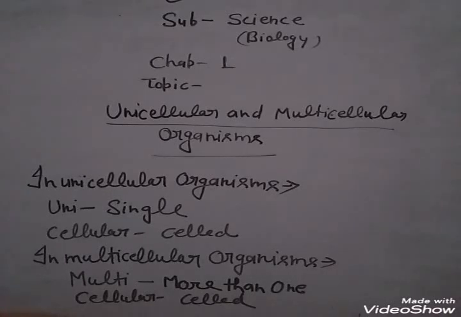Various cells in these organisms get specialized for particular functions. This process of getting specialized for a particular function is called differentiation. In an easy way, in multicellular organisms, all activities are completed by the different organs.